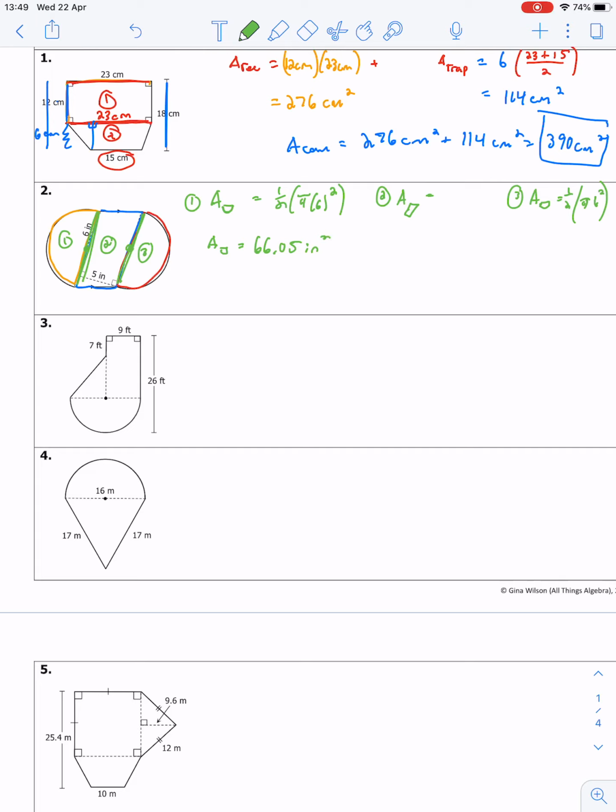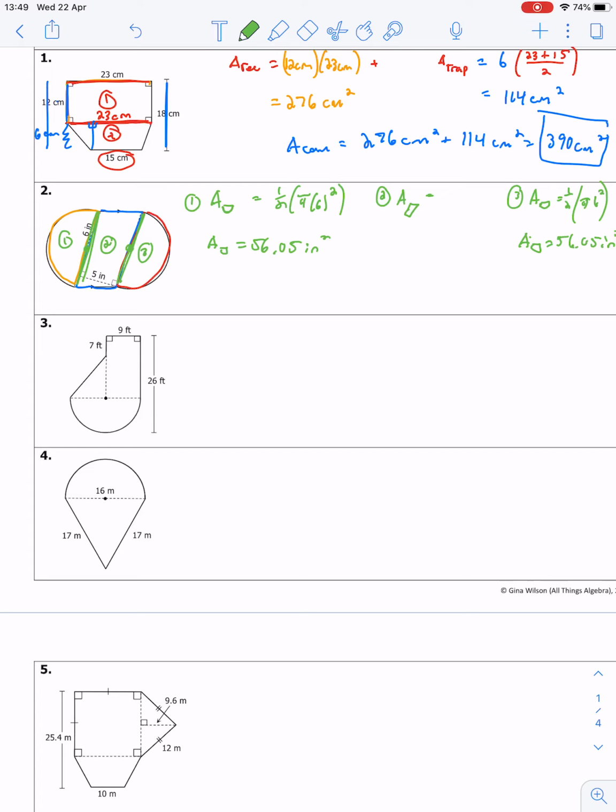No, sorry, not 66. 56.05, which means this is also 56.05, which we could just combine those really and just do the area of the circle.